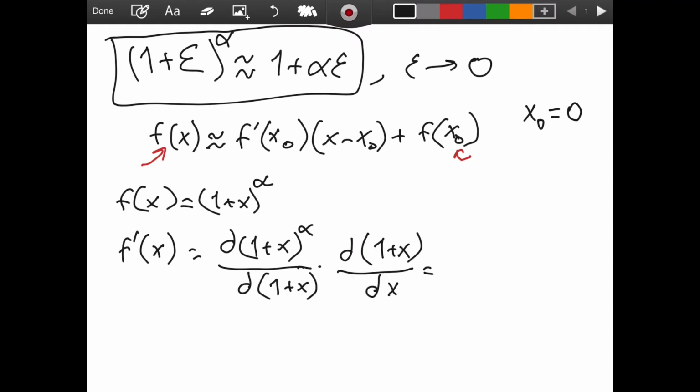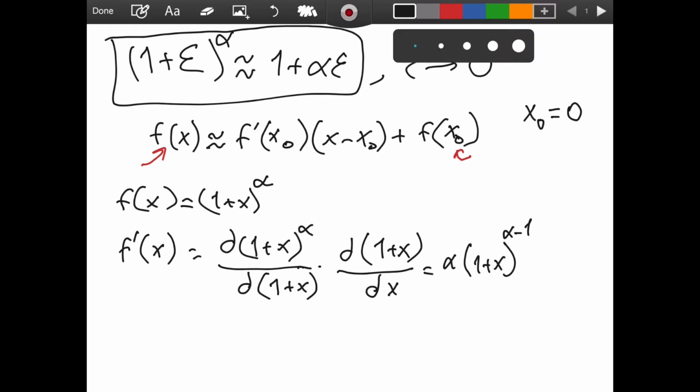The first derivative will give us alpha times 1 plus x raised to the power of alpha minus 1, since I am just using the power rule, and the second derivative will be just 1, so we don't even need to write it. This is the derivative. Great, so let's start.